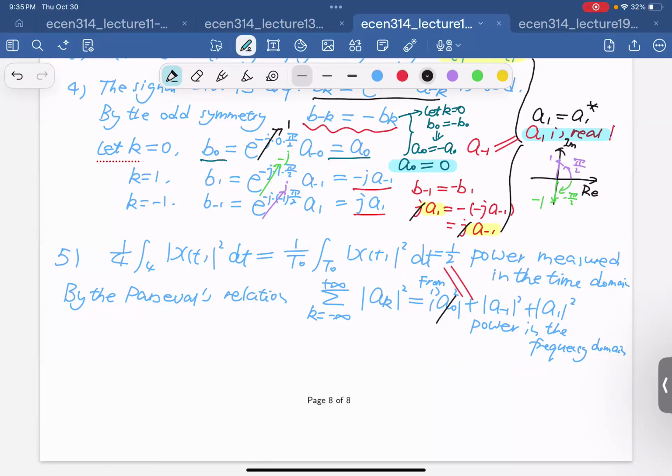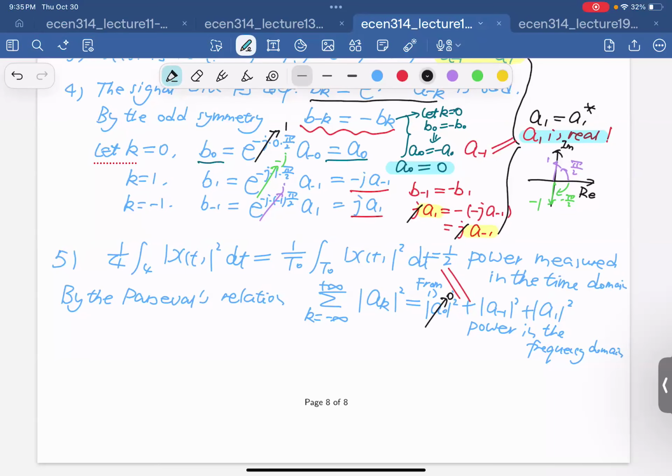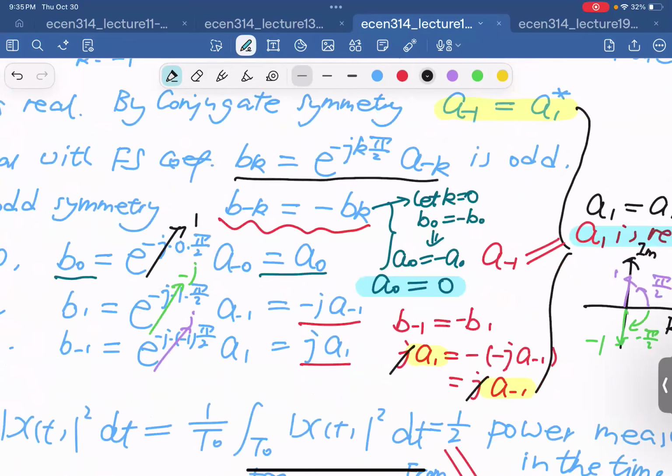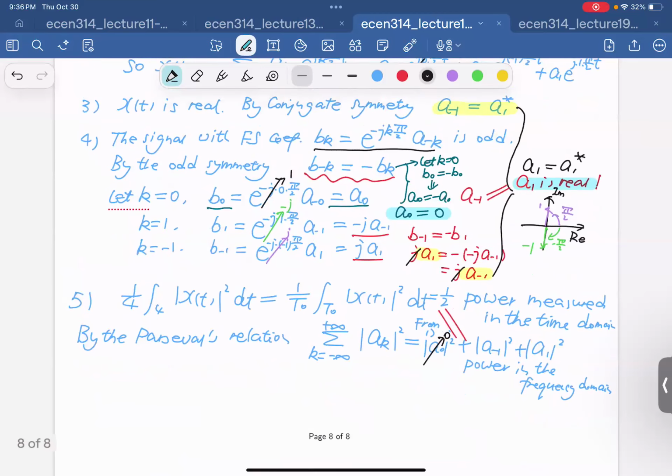Okay, let me rewrite this part, wasn't very clear. We should have the norm of a0 squared, and that's simply 0. How do I get that? Right here, a0 equal to 0, isn't it? In the fourth clue.